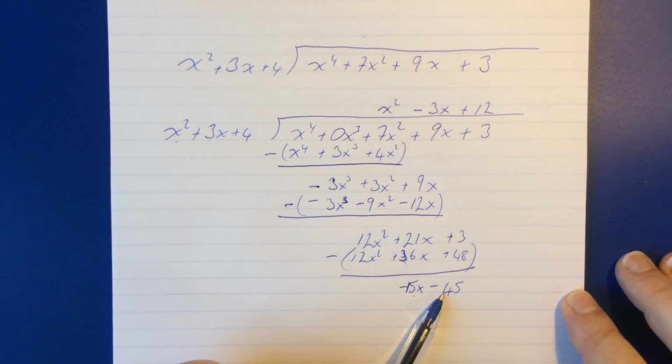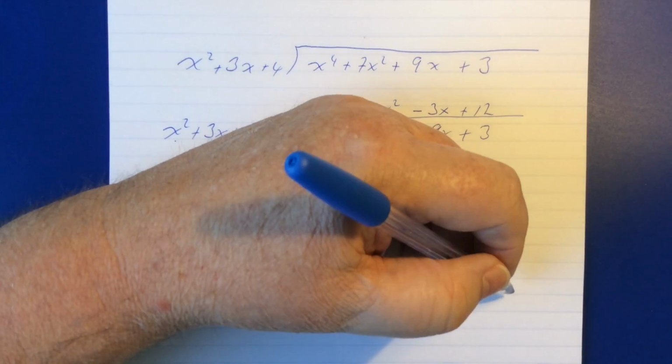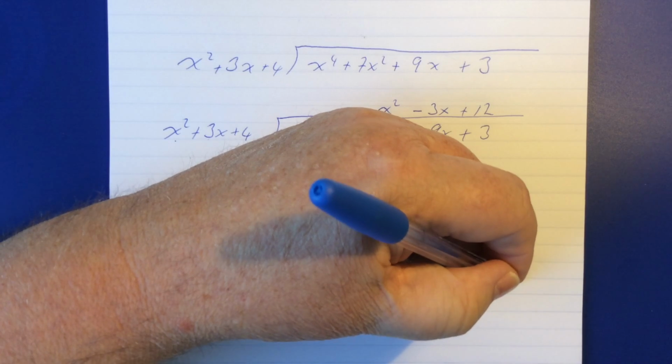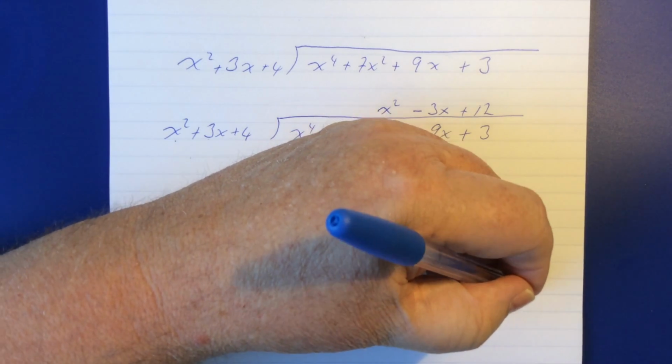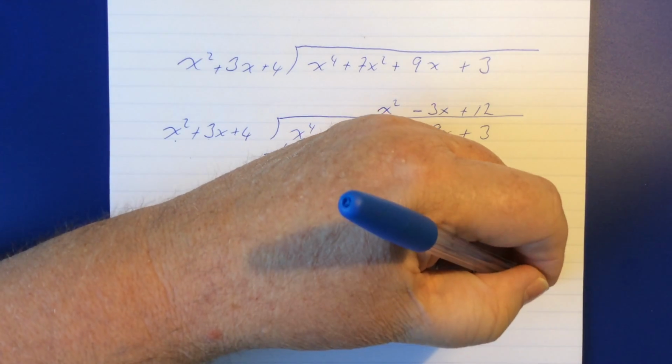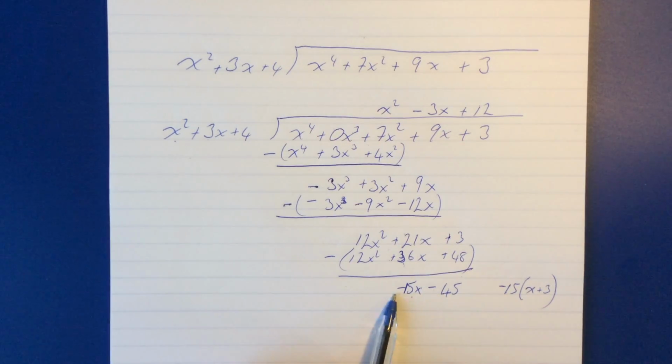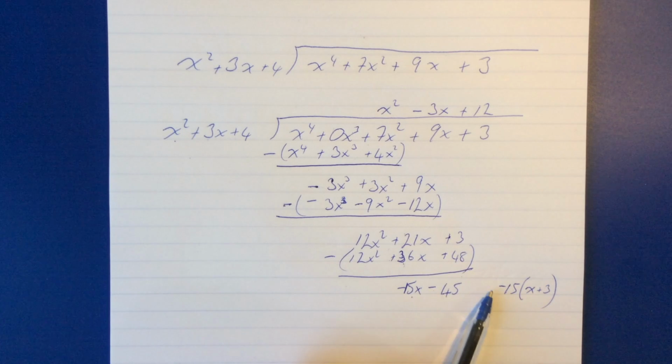Okay. Now, the keen observers amongst you will notice that I could factorize this and write it as this. I don't know if there's any profit in that yet, because I've still got a little bit more work to do.